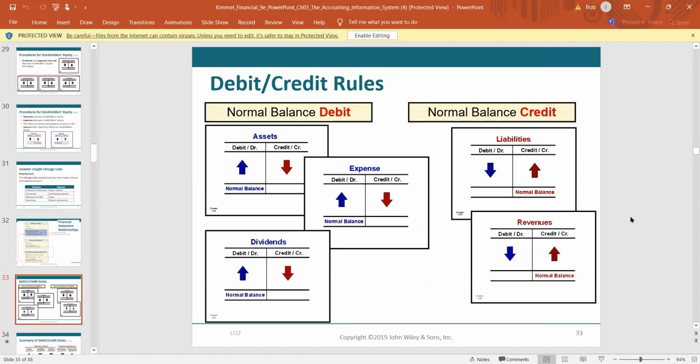I can give you some mnemonics if you like. After eating dinner, let's read comics. After eating dinner, those are your debits: assets, expenses, dividends. And then on the other side, let's read comics: liabilities, revenue, and capital, or equity.